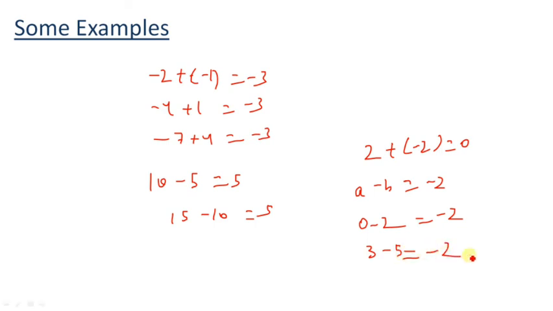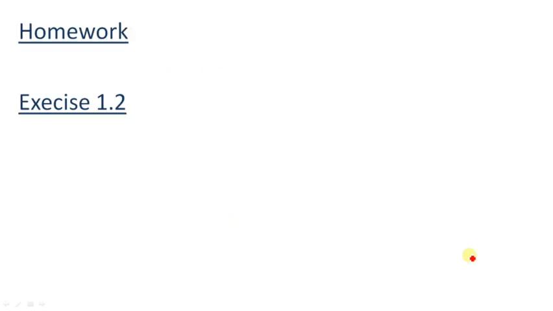Now in this exercise you can find such types of numbers. Exercise 1.2 is your homework. You can do it easily, it is very easy. Even if there are some doubts, I will be available to clear them.